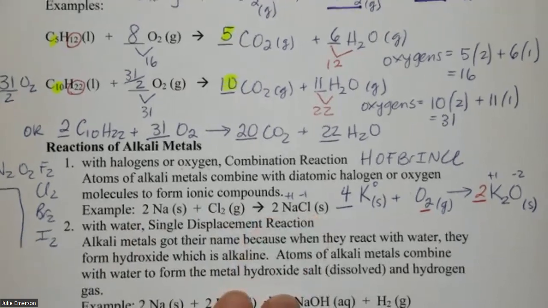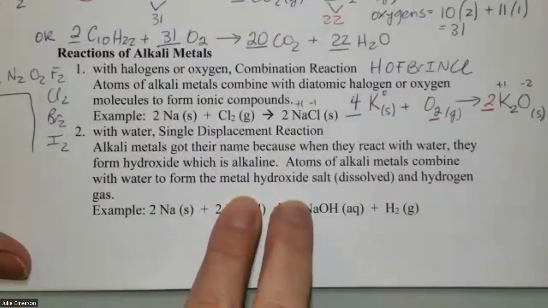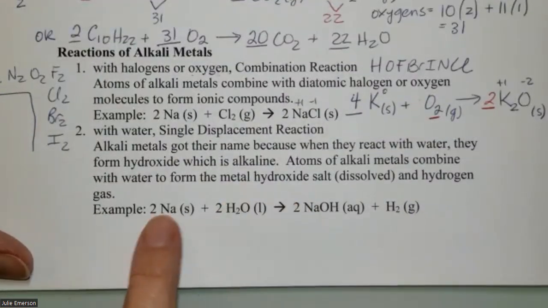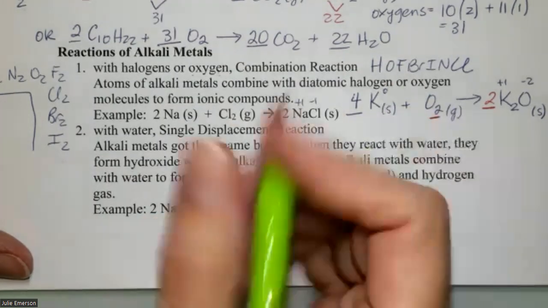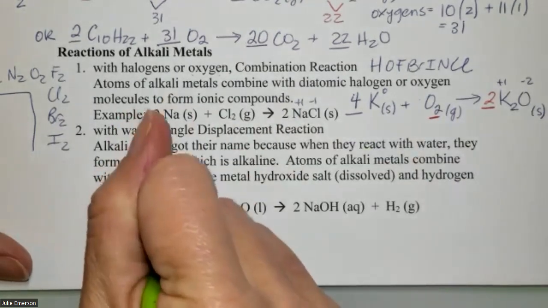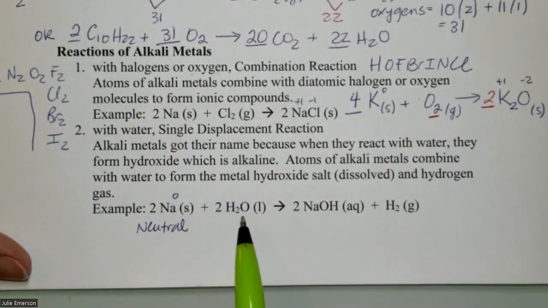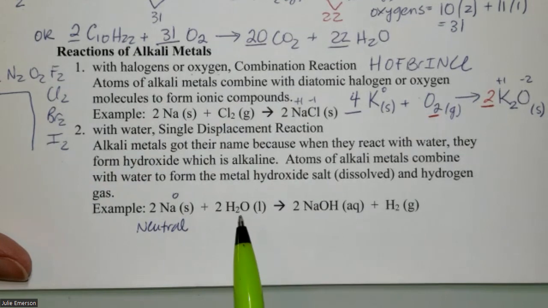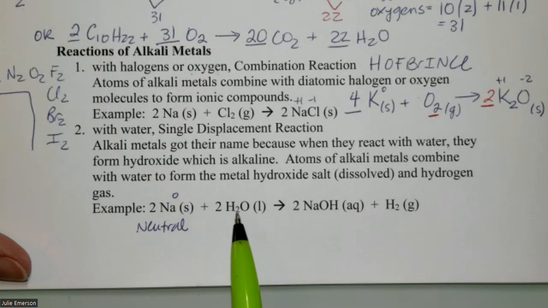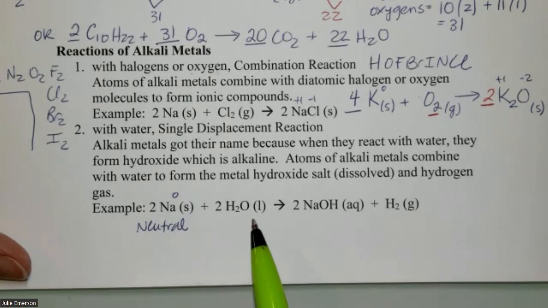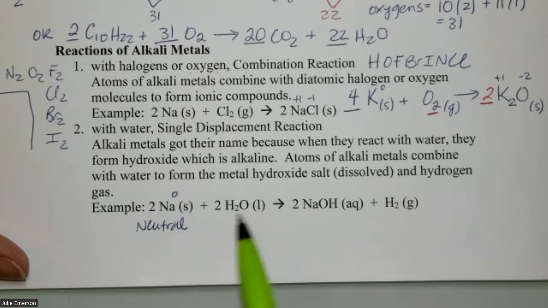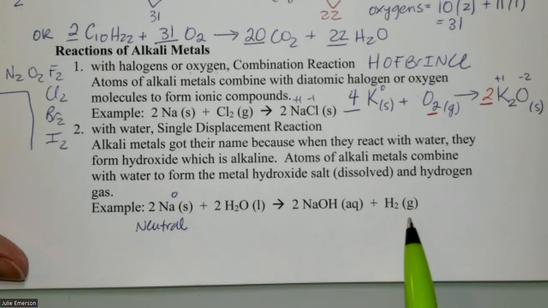All right, same thing, but now we look at what's called single displacement reactions, where you have a single metal, again, by itself, neutral, no charge. And what'll happen in single displacement is you react it with a cation in an ionic compound or hydrogen, in this case, in an acid or water. And if they switch places, all right, which we talk about more in a little bit, the sodium kicks off the hydrogen and the hydrogen comes out to be the neutral.